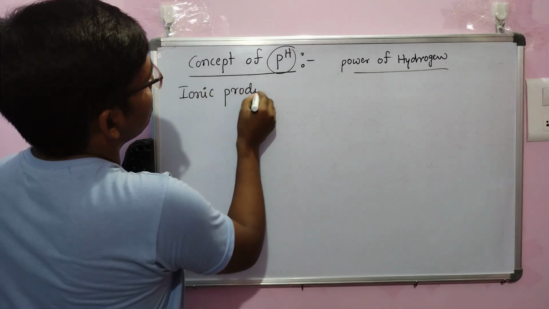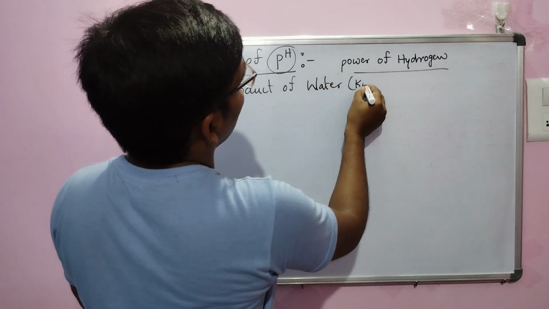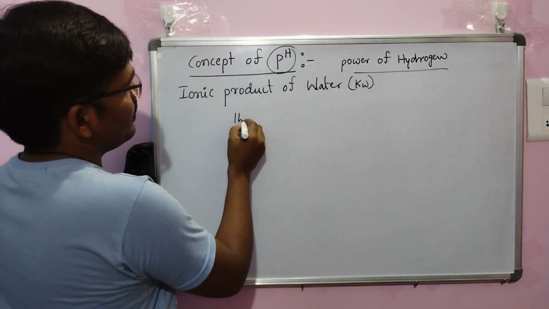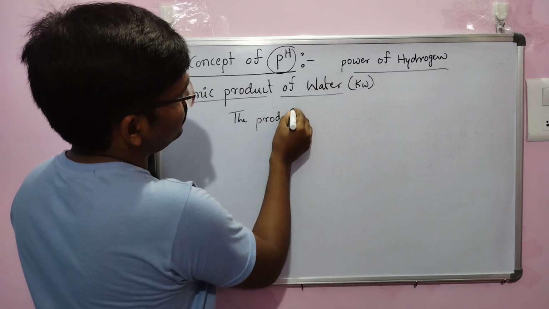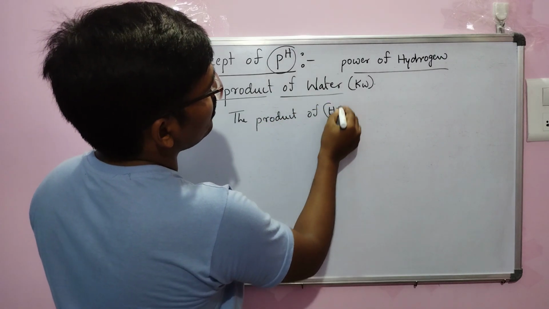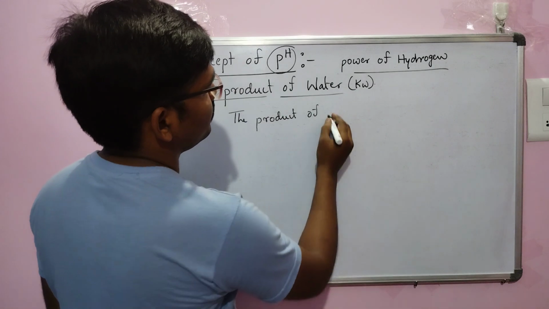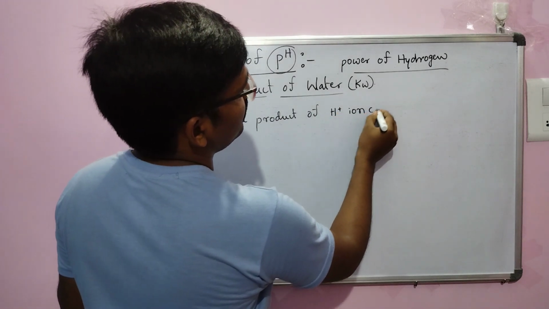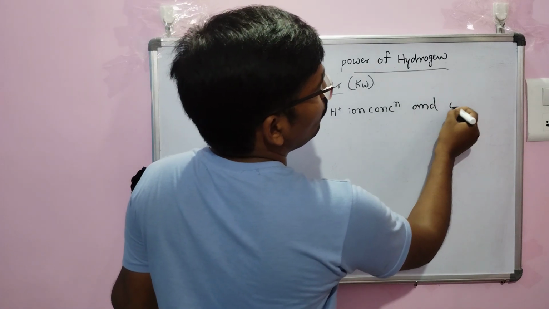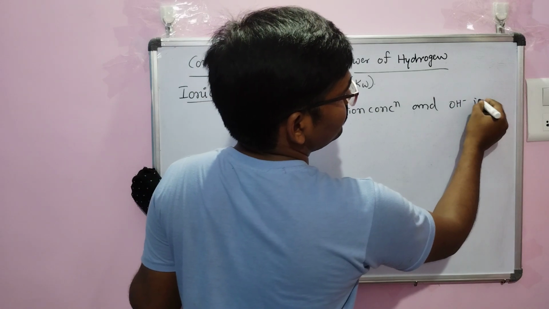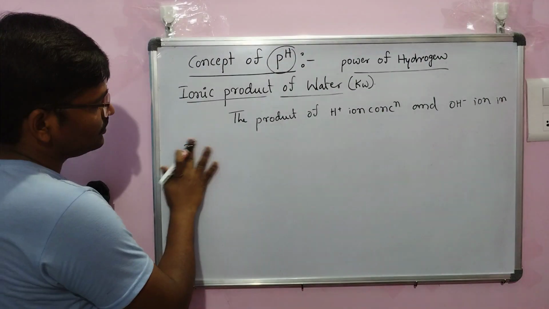Ionic product of water, that is Kw. It is the product of H plus ion concentration and OH minus ion concentration in the ionization of water.